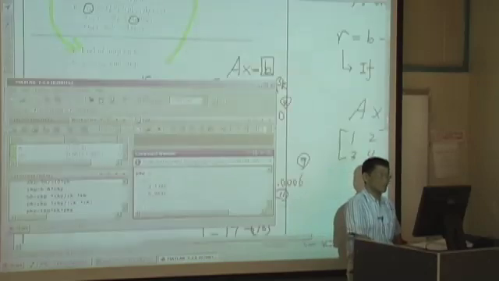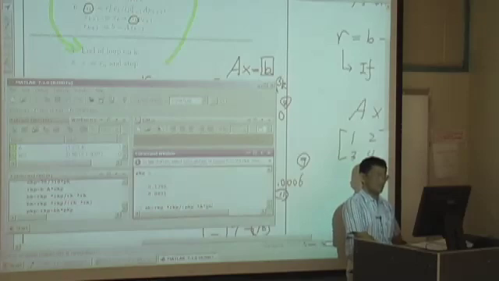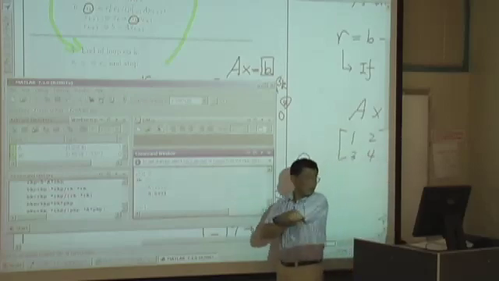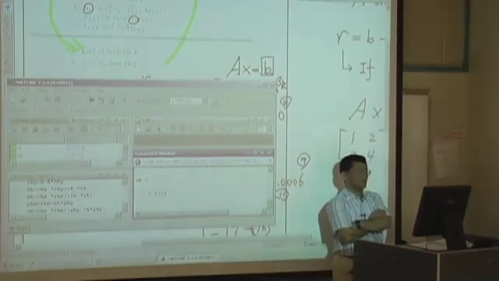Alpha k equals r k transpose multiplied by r k over p k transpose multiplied by A multiplied by p k. This is alpha k. Then it is negative 2.67, right? Then this number should be used upstairs.